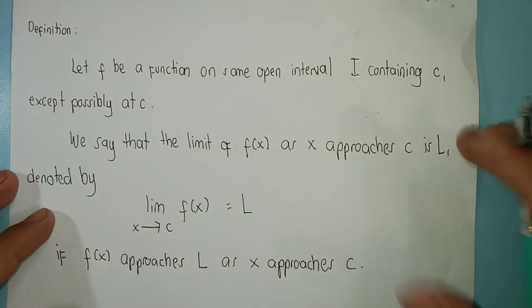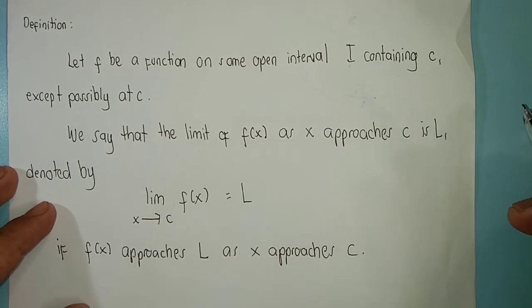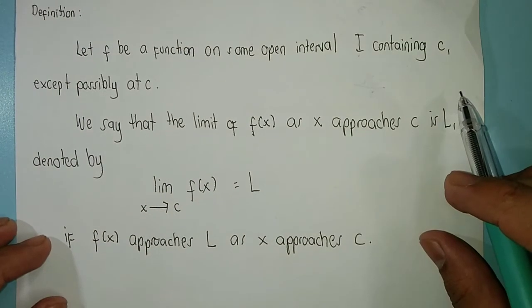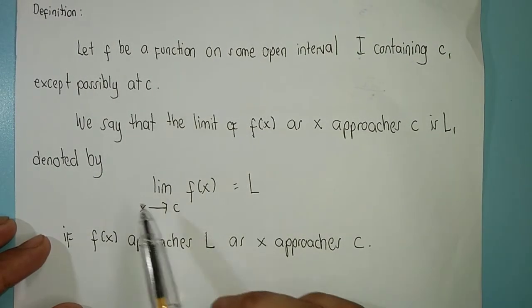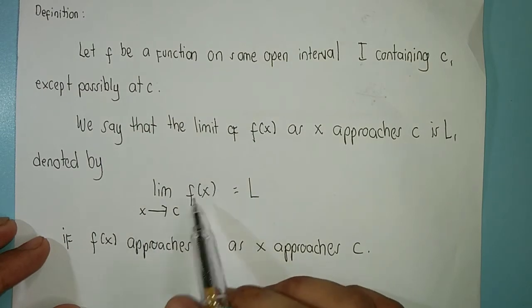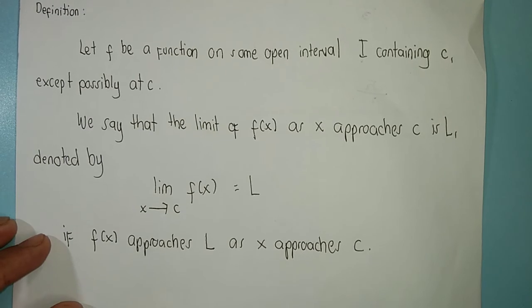Now, for the definition, let f be a function on some open interval I containing c, except possibly at c. We say that the limit of f of x as x approaches c is L, denoted by this symbol. So, may bago na tayong symbol na gagamitin. So, we have limit of f of x as x approaches c is equal to L. Okay?